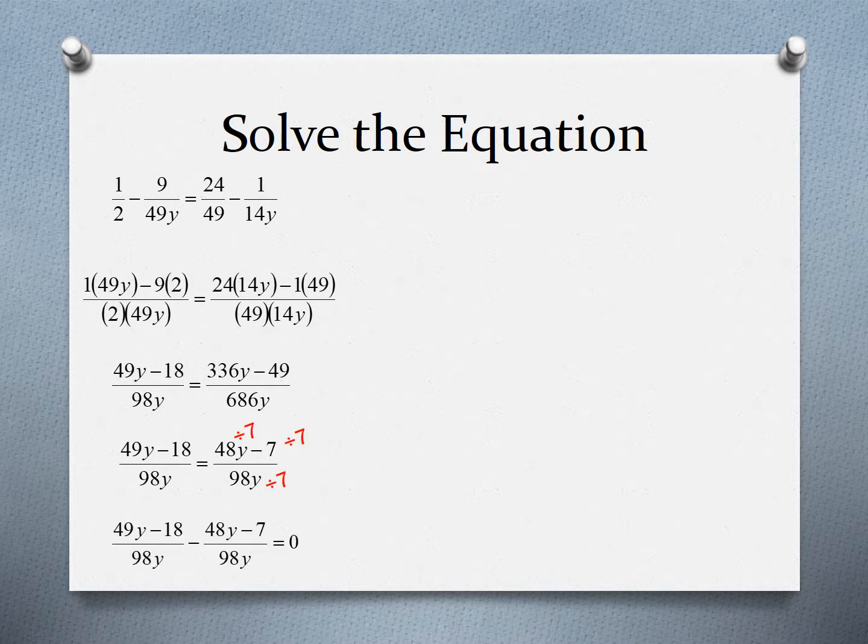So notice what I did. I just took that 49y minus 18 divided by 98y and I subtracted it on both sides of the equation, leaving me with what you have here. Now I can deal with these fractions by simply subtracting the numerator because that denominator is a common denominator, so I can go ahead and just deal with numerators.